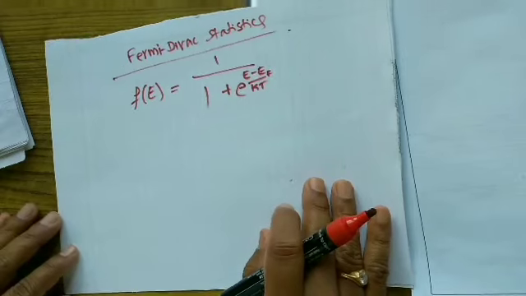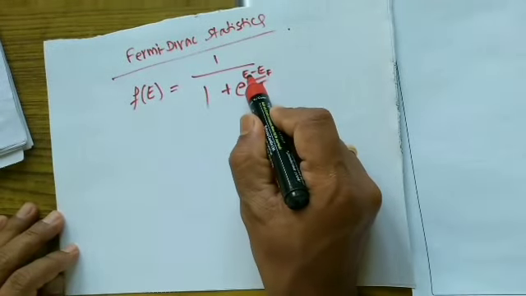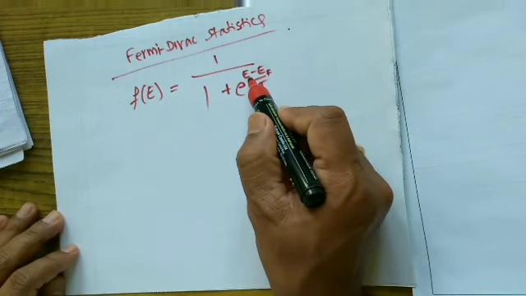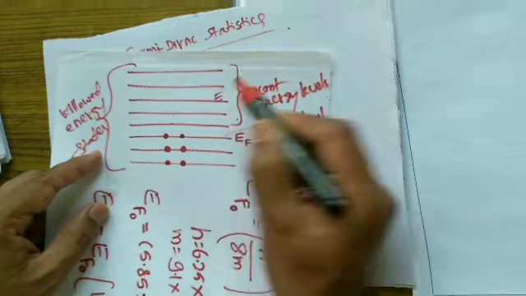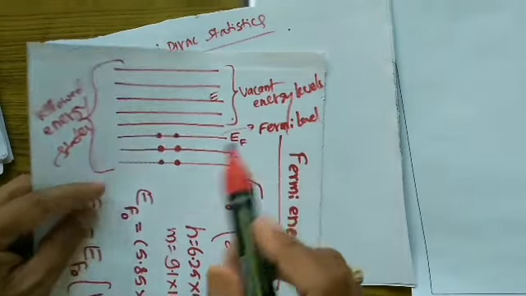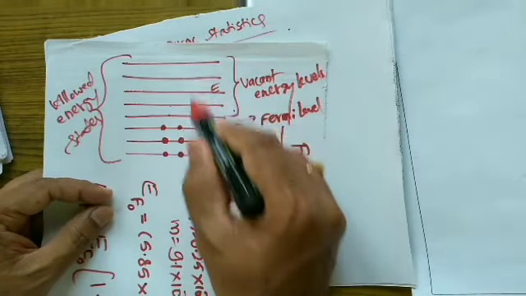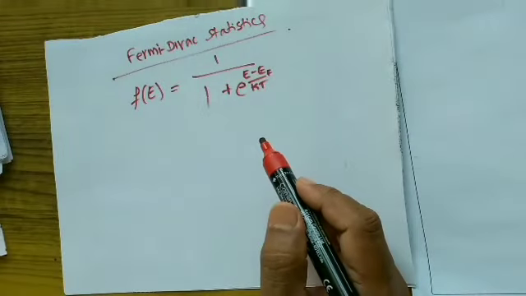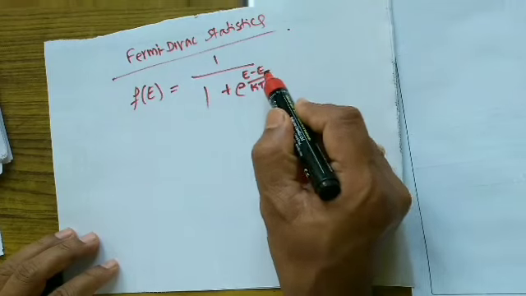Here in this equation, E is the energy corresponding to any energy level. It may be either above the Fermi level as shown in this diagram, this may be corresponding to E, or this may be corresponding to E. So E is the energy corresponding to any energy level chosen. And EF, as we have already understood, is the Fermi energy.